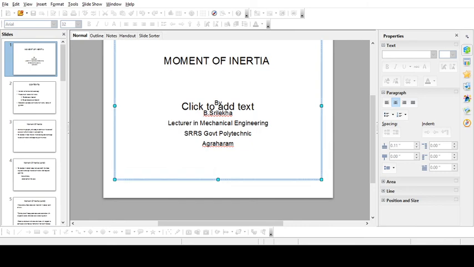Again, the moment of inertia about the AB axis you can take as BD cube by 3.